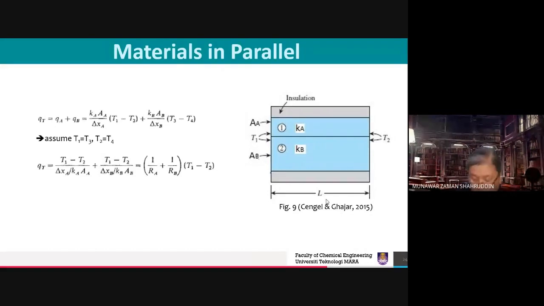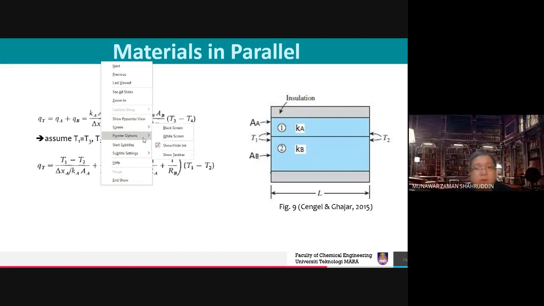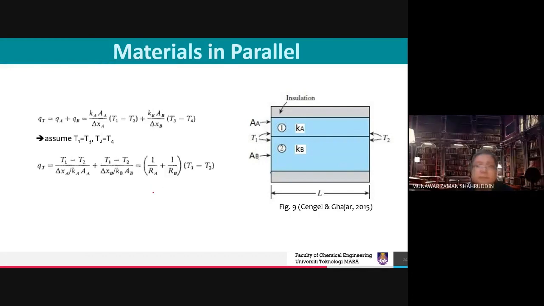To the next theory, which is material in parallel. Just now, all this while we have been talking about the circuits in series. Because you have to remember, if you ever reflect on what you have learned during electrical instrumentation technology, you have this kind of circuit, right?